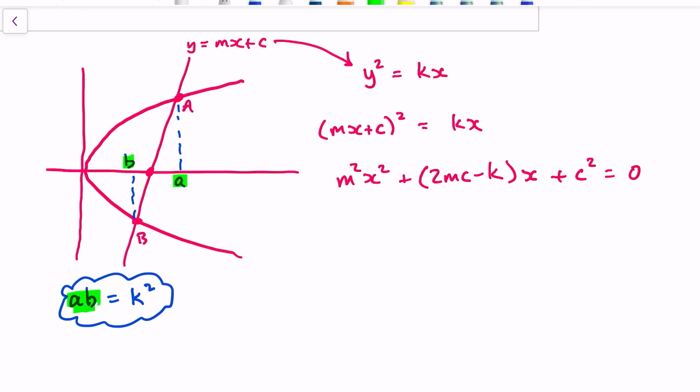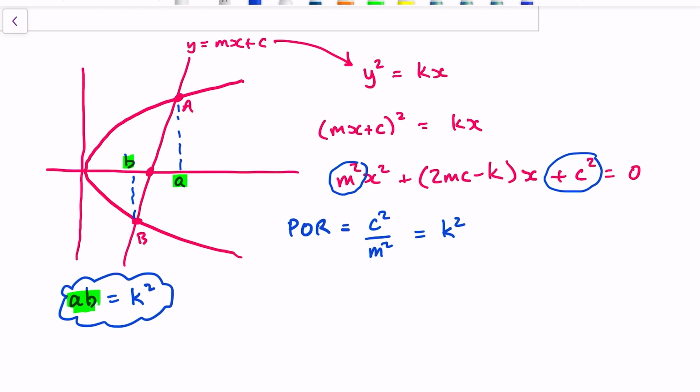And if you've learnt your product of the roots formula for a quadratic equation, your roots always multiply to c squared over m squared, the constant term divided by the coefficient in front of the x squared term. So we've got c squared over m squared is equal to k squared for this particular problem.